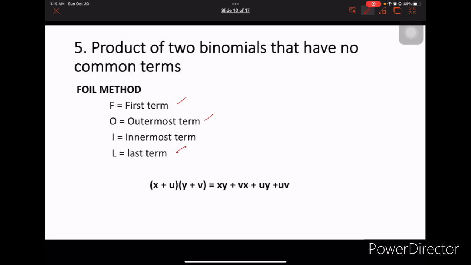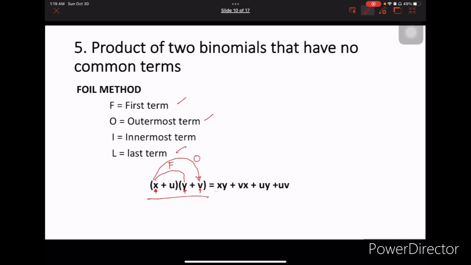So let's say that you have the quantity x plus u times the quantity of y plus v. Since they have no common terms, you simply do the FOIL method. You do the first terms first, so these are our first terms. You simply multiply them. And now the outermost terms. This is the outermost term for the first factor, and this is the outermost term for the second factor. You need to multiply them.